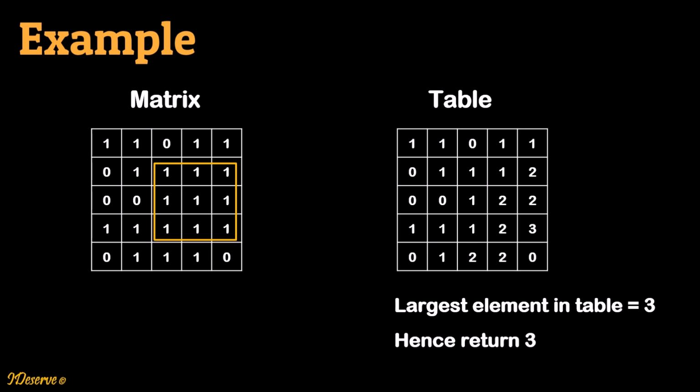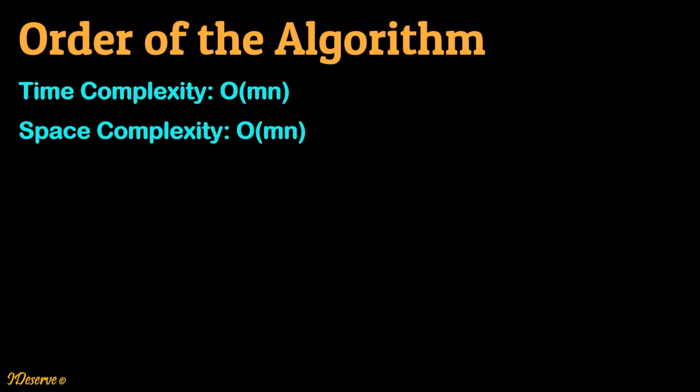The largest element in the table is 3. We can visualize the square submatrix having all ones corresponding to this entry in the diagram as well. 3 is our solution here, so return 3. Time complexity of the algorithm is of order m into n, and space complexity is also order m into n.